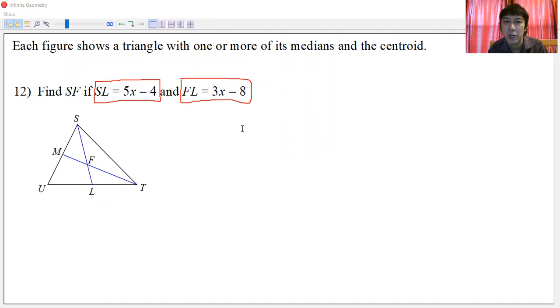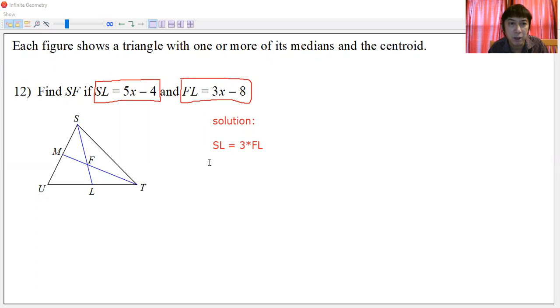And that will describe the SL. So our starting equation, let's put it here. We can have the entire length SL equals 3 times the shorter FL there. And so we can start our equation for x.